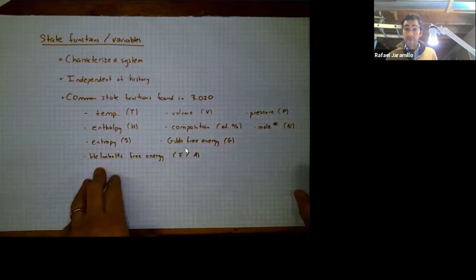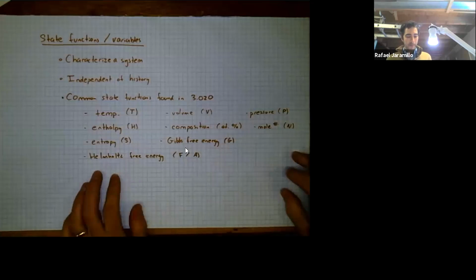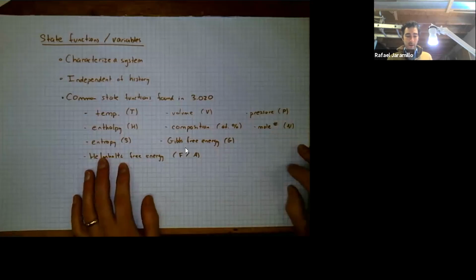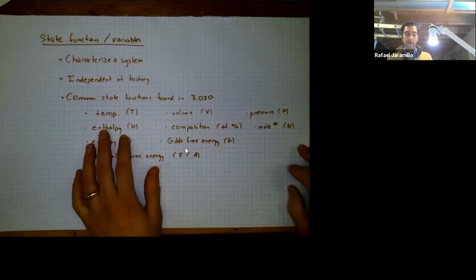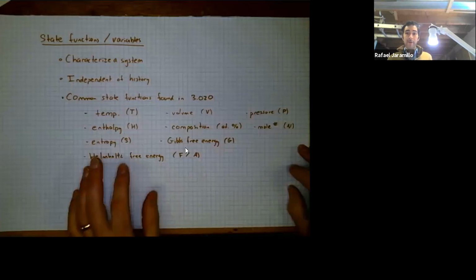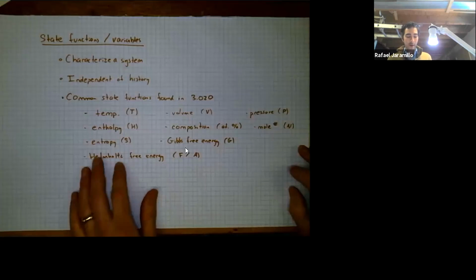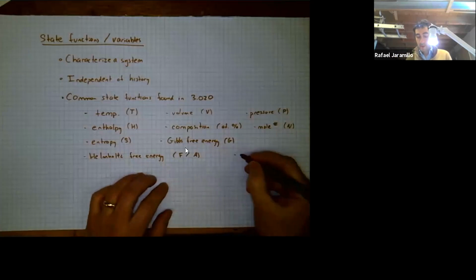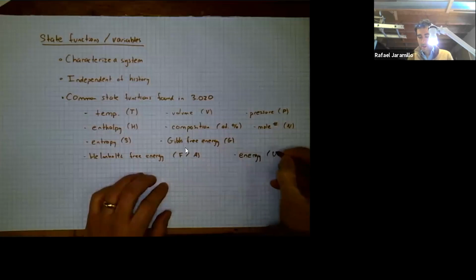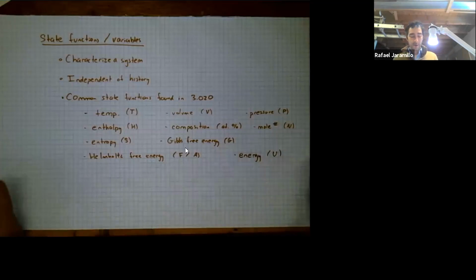If we were course 2, if we were mechanical engineers, we would be spending a lot more time on Helmholtz free energy and enthalpy. If we were physicists, we'd be spending a lot more time on Helmholtz free energy and energy, which we're going to use U for internal energy.